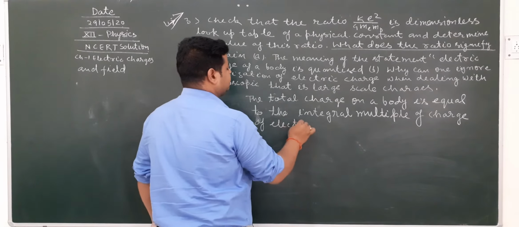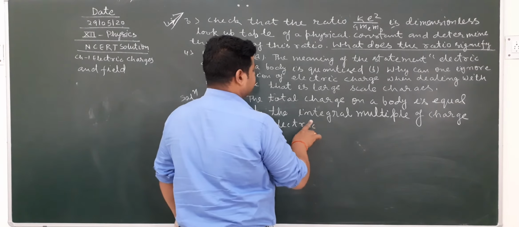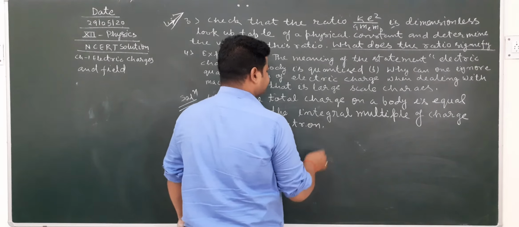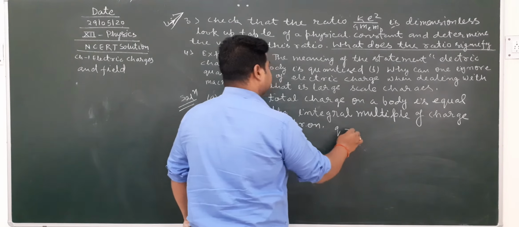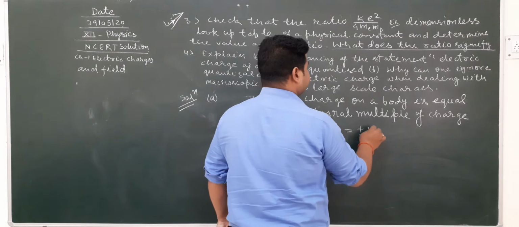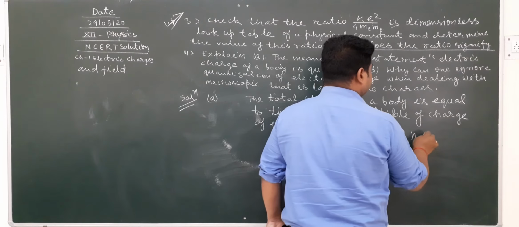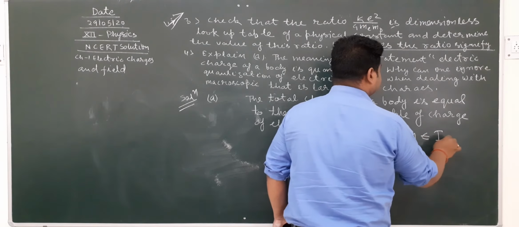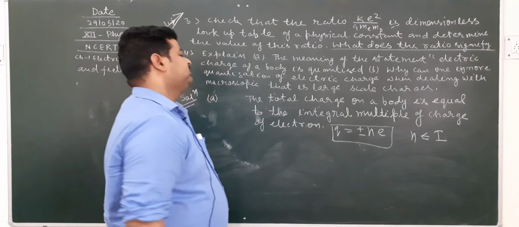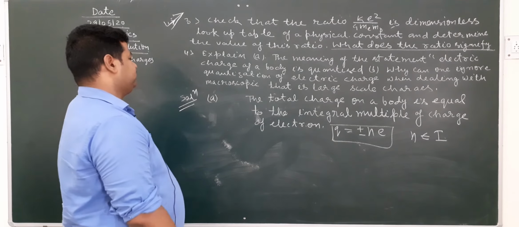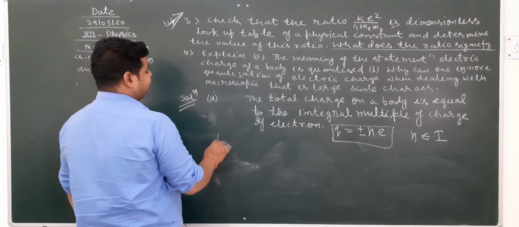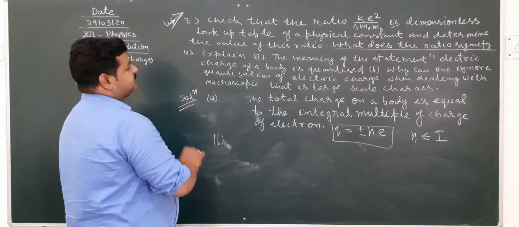So this is the answer of the first part, and the charge is equal to plus minus ne, where n belongs to integer. This is an integer, may be positive or negative. And what will be the B part of this question?